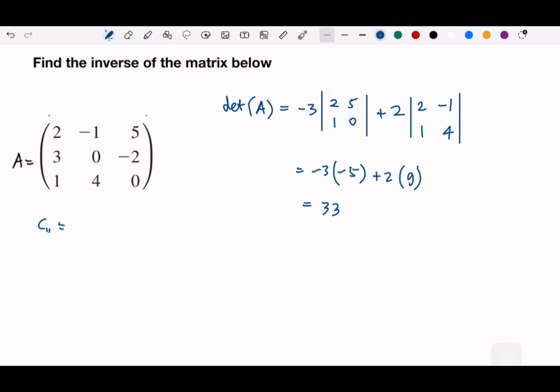So 1,1 is 8, right? C1,2 is 0 minus 20, right? C1,3 is 2.